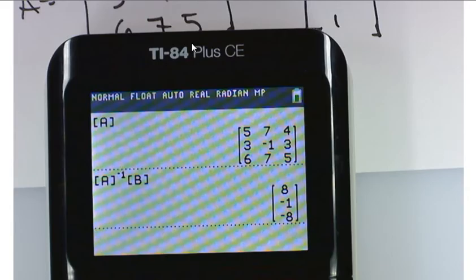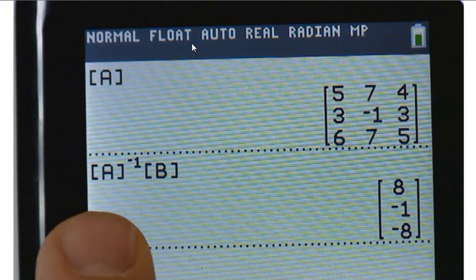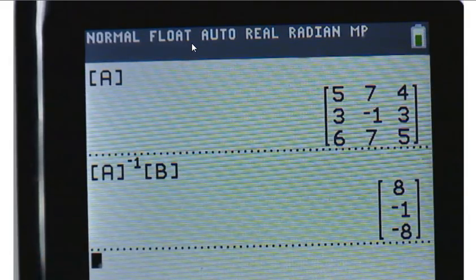But did you do A inverse or A? You've got to do A inverse. So if you take a careful look, what I do here is you hit matrix A and then you hit the x to the negative first power key. That gives you the inverse. So you want A inverse times B. So try that. See if that works for you.